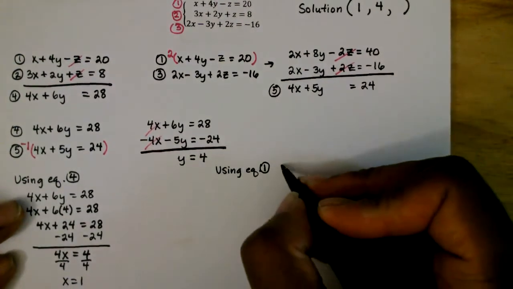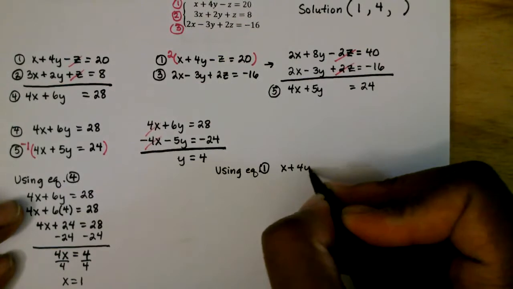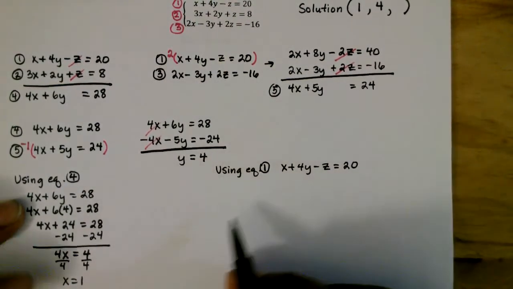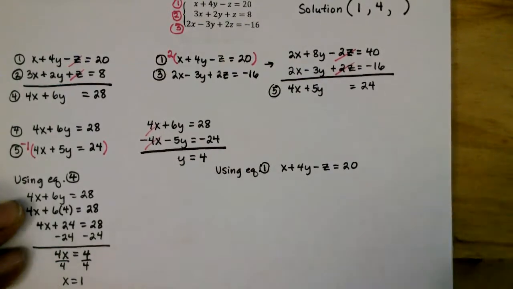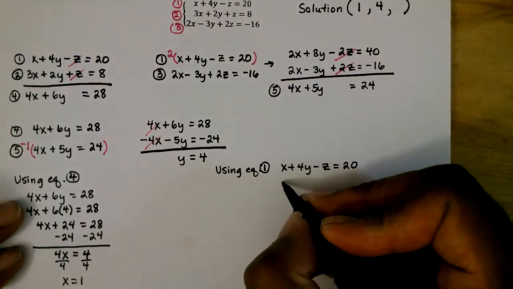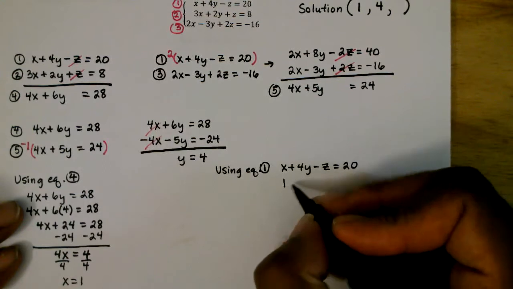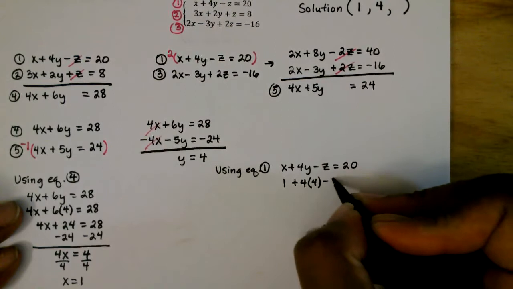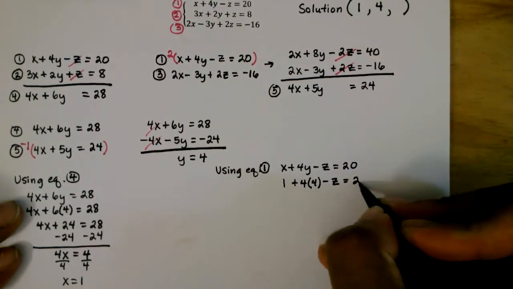I'll go ahead and write that down. I'm going to substitute the x with 1 and the y with 4 in that first equation. So x will be 1 plus 4 times y, which is 4, minus z is equal to 20.